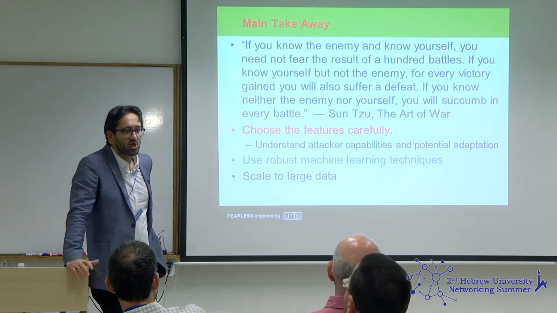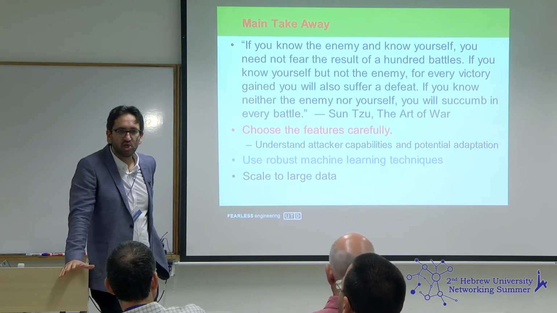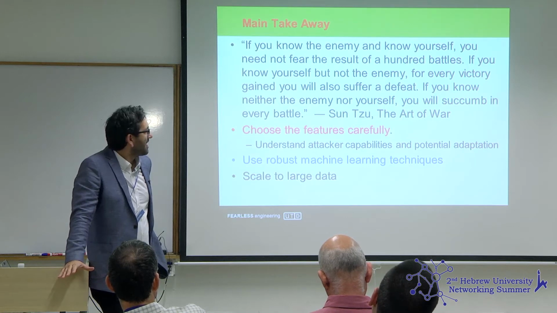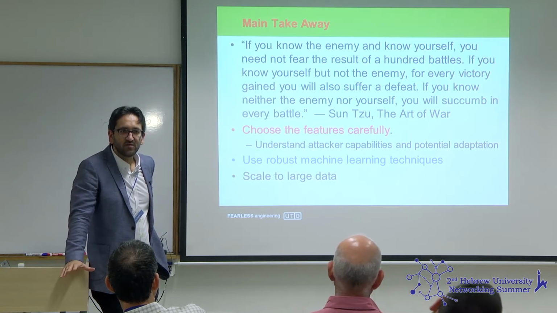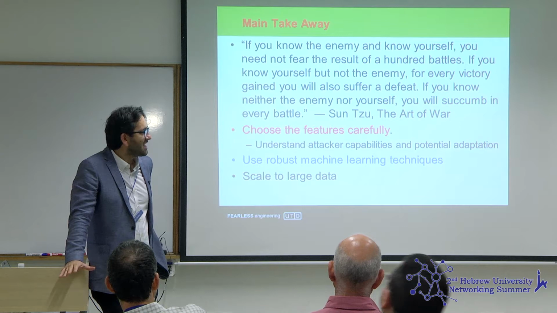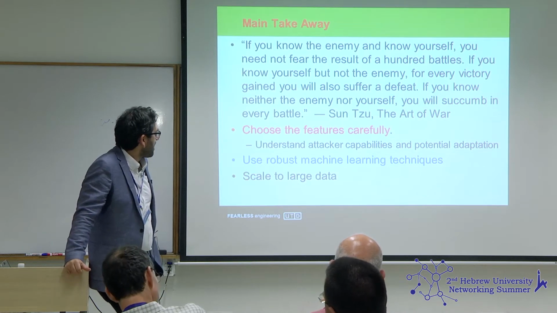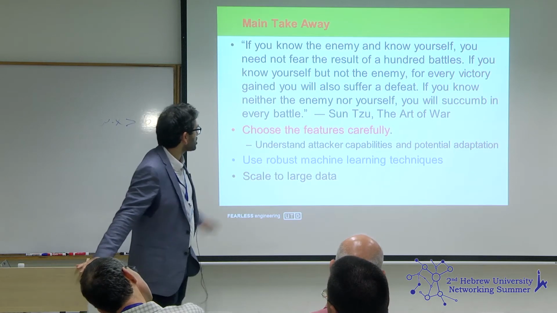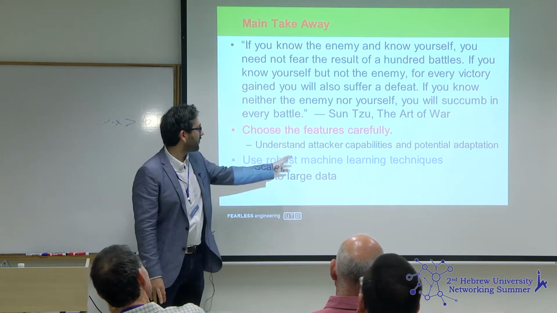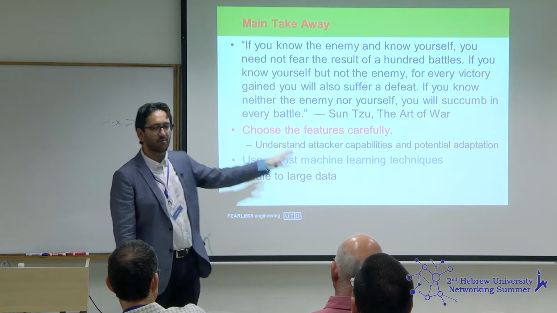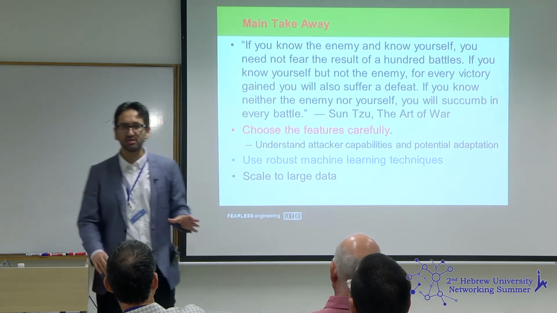And this is especially correct for machine learning models, as we have seen: models that know the potential adversary can be more successful than if you don't consider the adversary. The implication of this is that choosing the features based on the attacker's capability and potential adaptation is important.